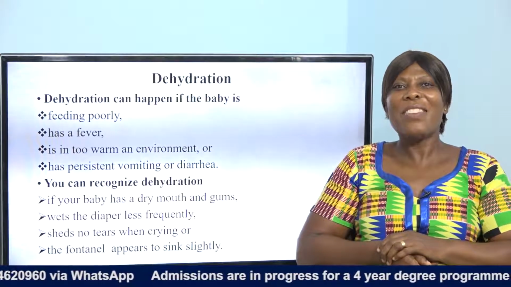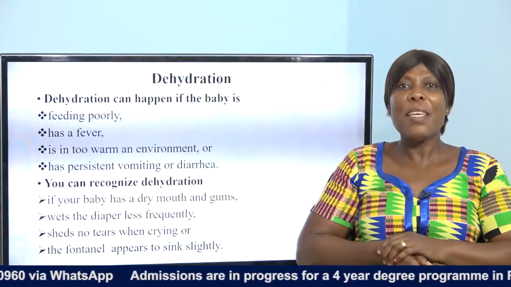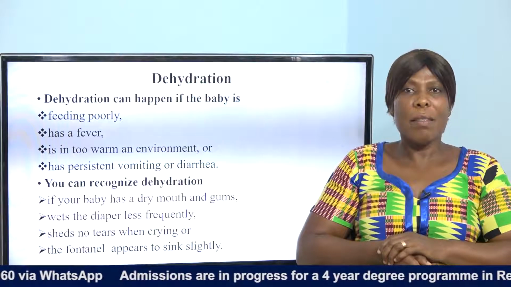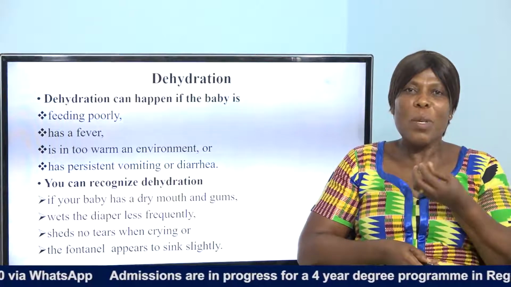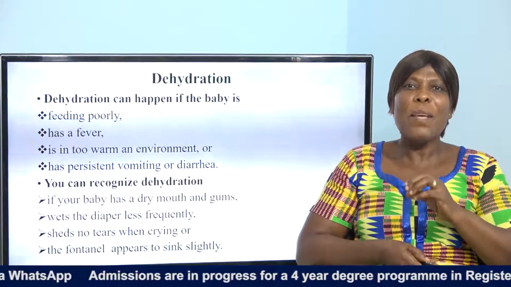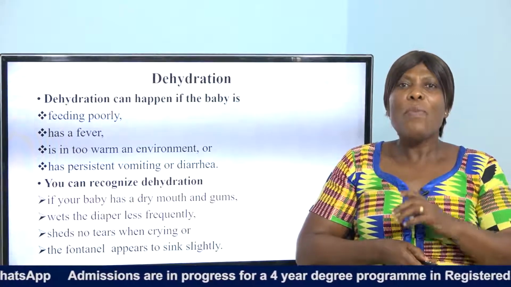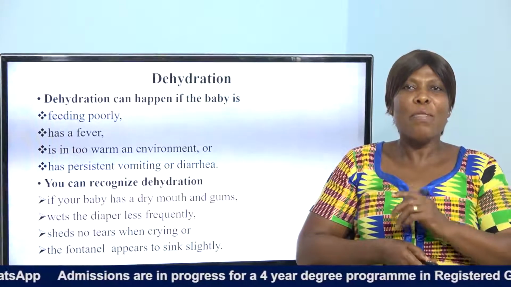So you can recognize dehydration if the baby has a dry mouth and gum. You can see from the mouth of the baby or even the lips of the baby that the baby looks dry. The baby wets the diaper less frequently.